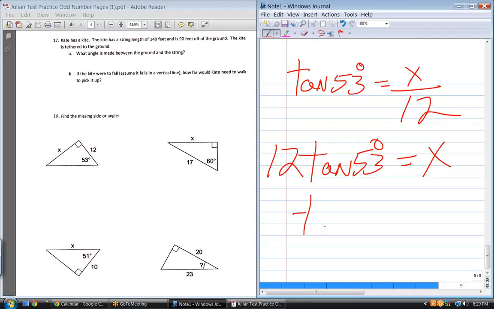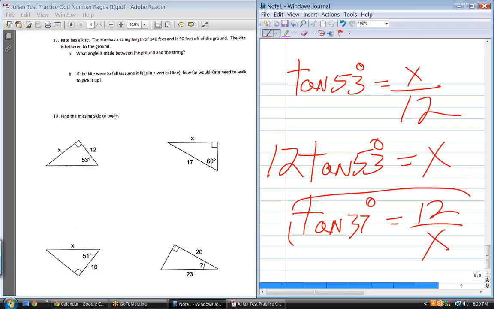Well, I could have said the tangent of 37 degrees equals 12 over x, right? And that would have been correct. And I would have still got the same answer for x. But notice that the math is harder here. I got to multiply by x, and then I got to divide by the tan of 37 to solve for x. So I got to do 2 steps here.